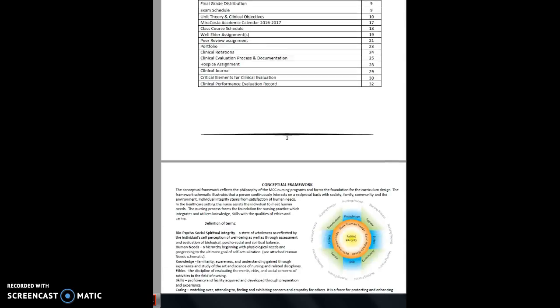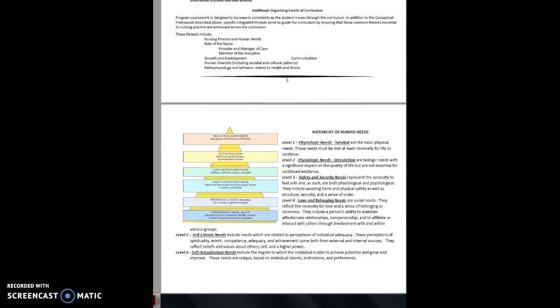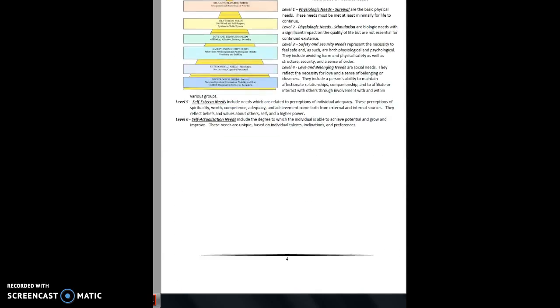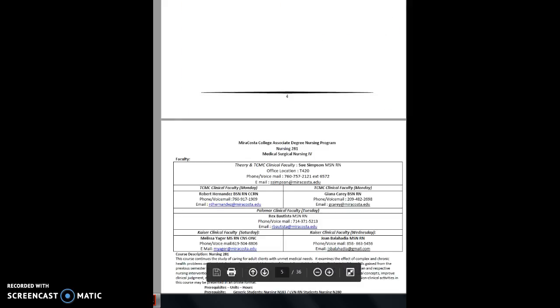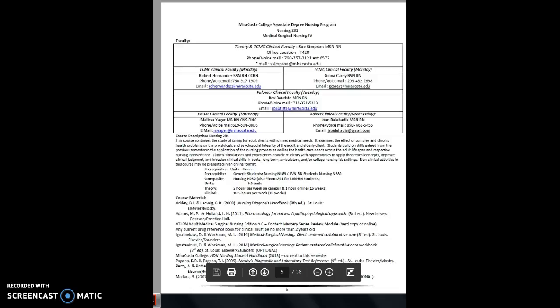Table of contents, our conceptual framework, which you're all very familiar with. The hierarchy of human needs, you're familiar with that as well. And let's start here on page 5. So, my name is Sue Simpson. Like I said, I'm the theory and clinical oversight faculty. And these are the numbers that you can get me at.